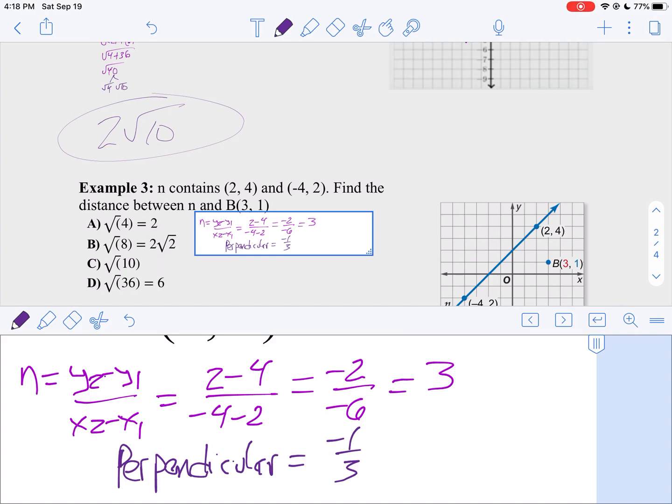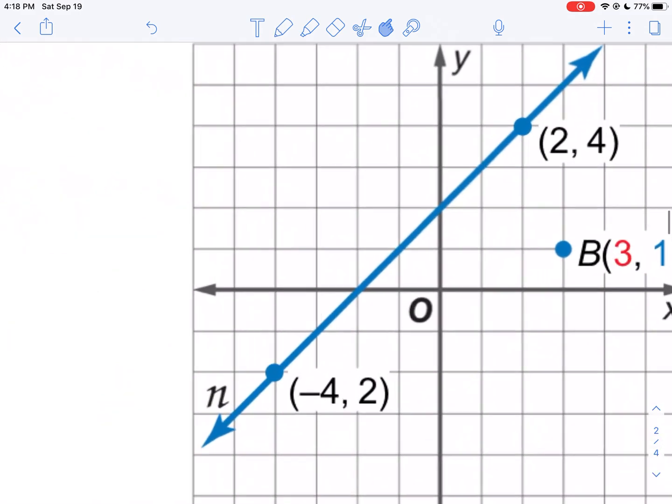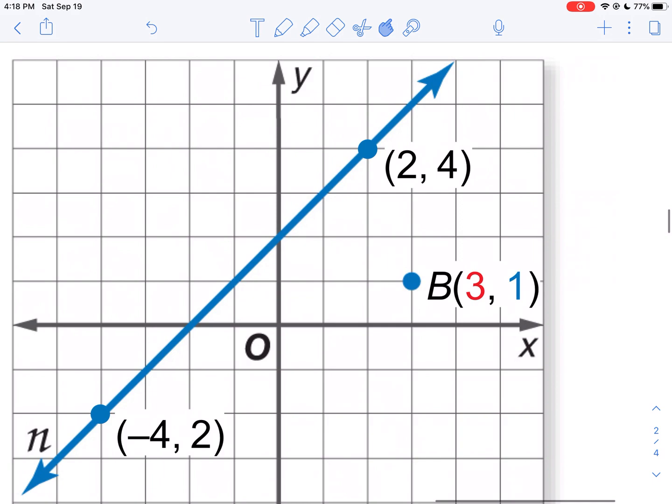So when I graph that, from the point 3, 1, normally I would go down 1 and to the right 3, but that doesn't go towards the line, so I'm going to go backwards. I'm going to go up 1 and to the left 3. And that puts us right at the y-intercept, doesn't it?